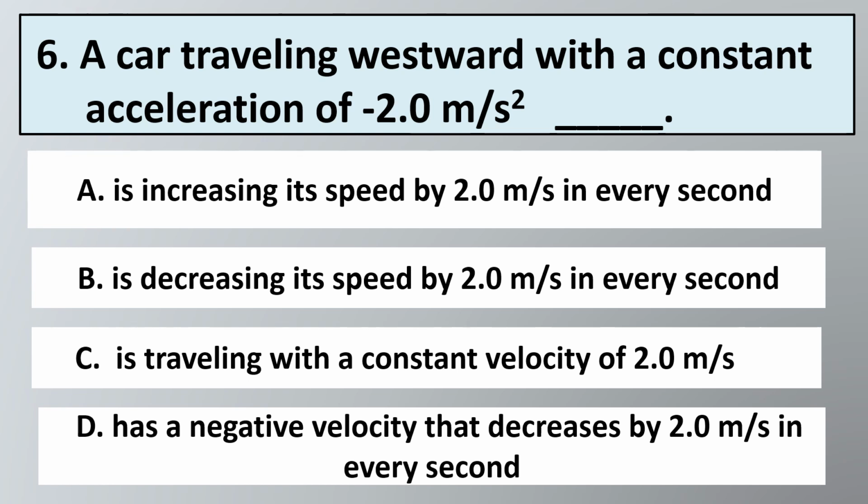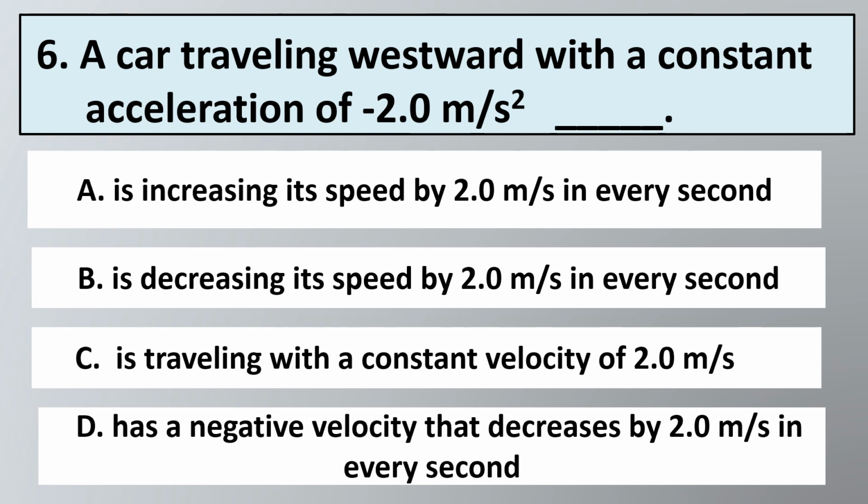So the meaning of speeding up by 2 meters per second in every second, we actually are referring to the acceleration, but the speed is increasing by an amount of 2 meters per second in every second.